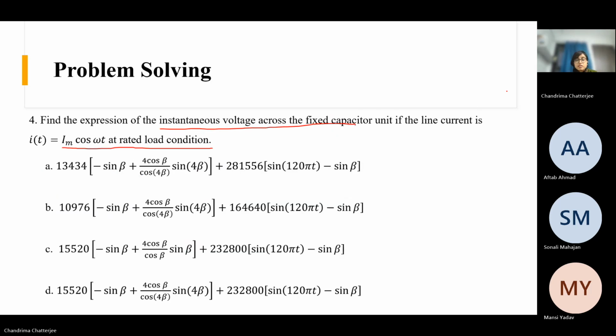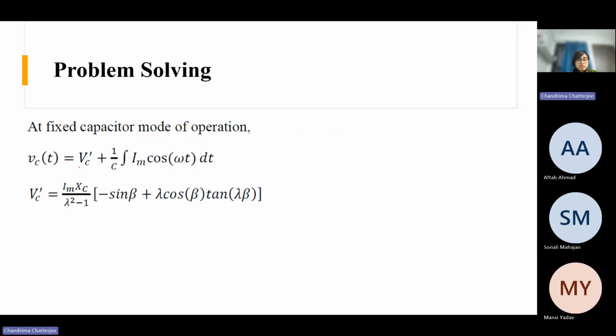You can just see the lecture video where the derivation has been done. So the voltage expression is basically this, where VC dash is this, Im Xc lambda square minus 1, and this.